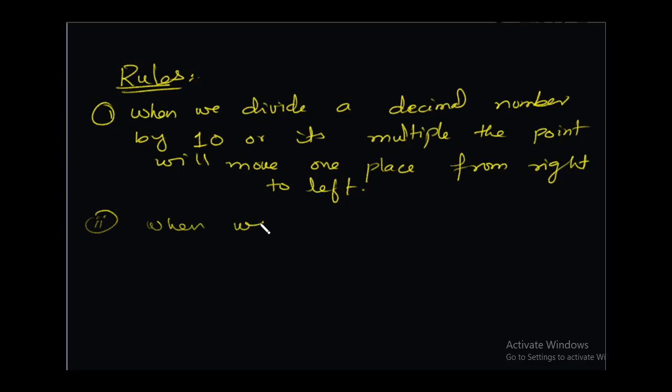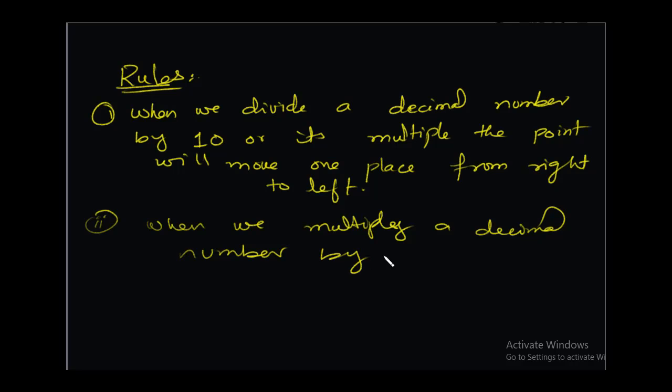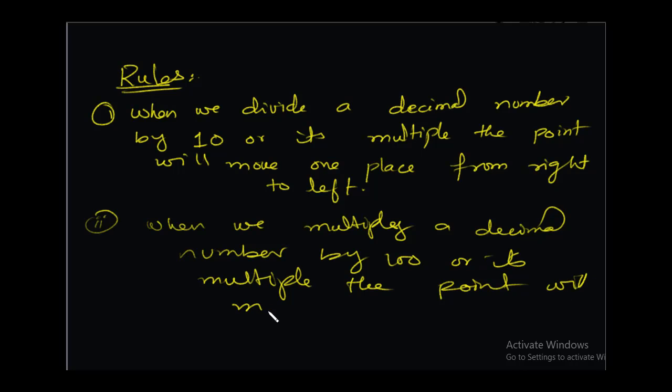When we divide a decimal number by 100 or its multiple, the point will move two places from right to left.